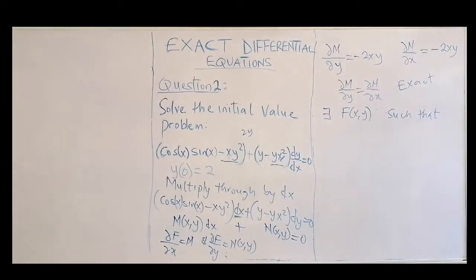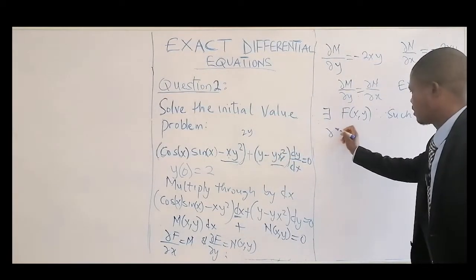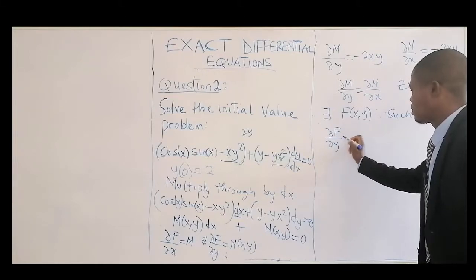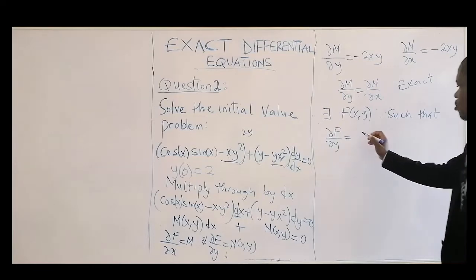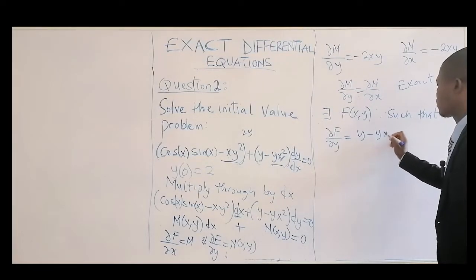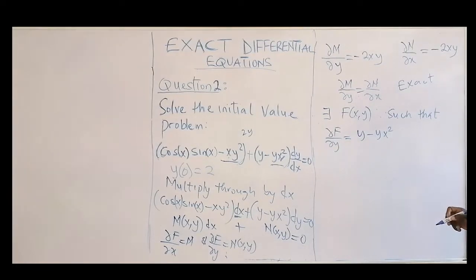So I'm going to use this one, such that delta f delta y is equal to N. And my N is equal to y minus yx squared.